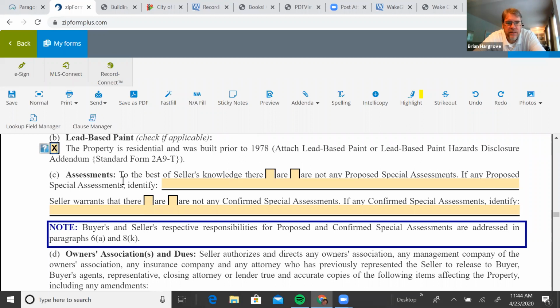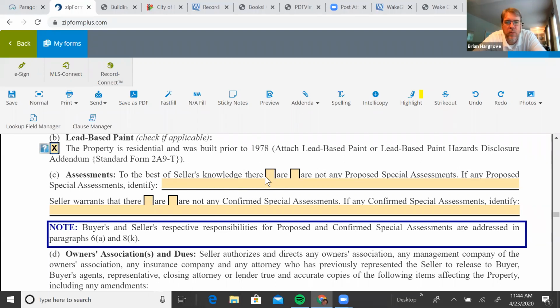Now assessments: to the best of the seller's knowledge, there are or are not any proposed special assessments, and if any, proposed special assessments identified. Now you could certainly call the local municipality, the town, you can call the HOA, find out if there's any. But at the end of the day, it's up to the seller to disclose this.